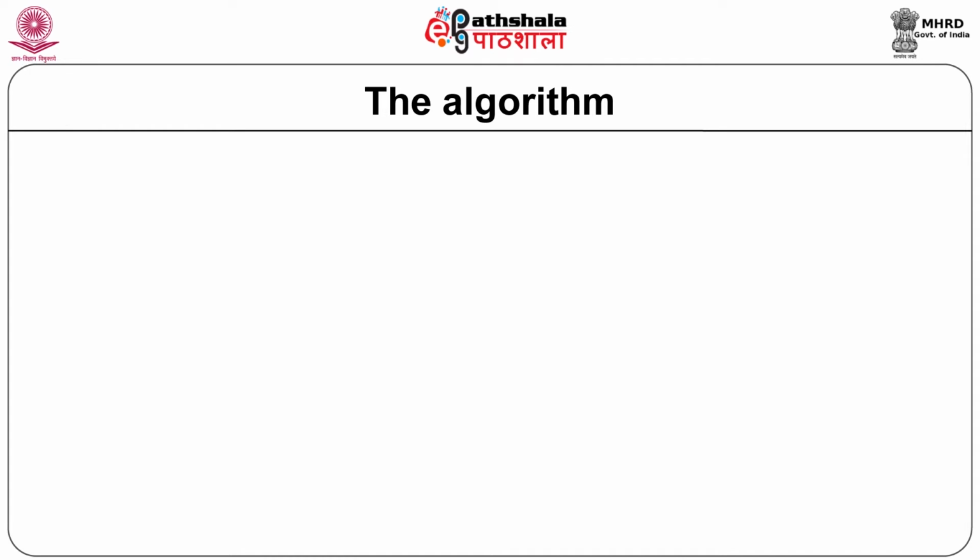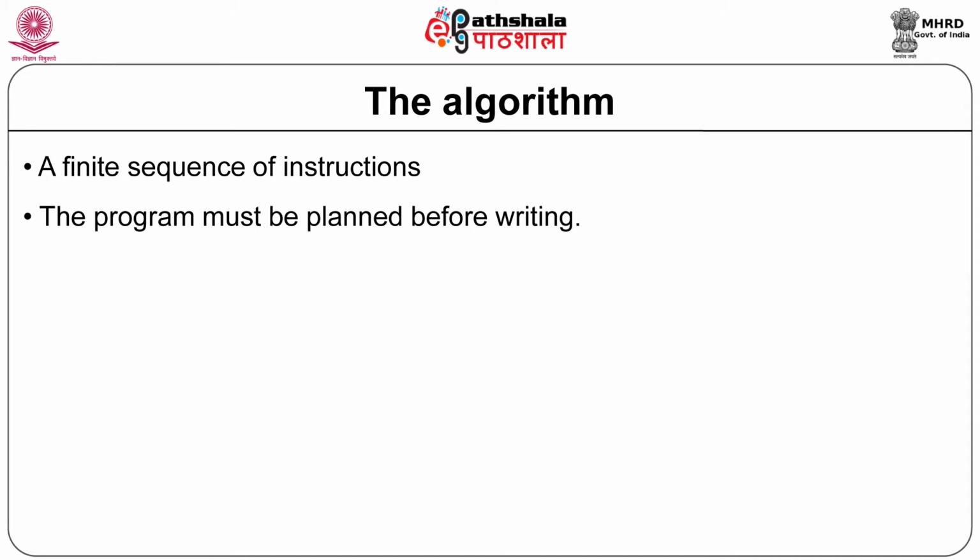Algorithm. As we have seen, algorithm is used to solve the problem. Then what is algorithm? Algorithm is nothing but a finite sequence of instructions which can be used to solve a particular problem. The sequence of instructions must be planned before writing the algorithm.